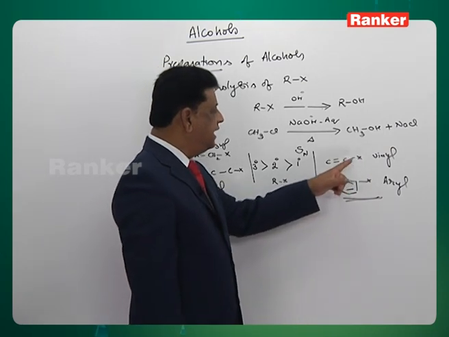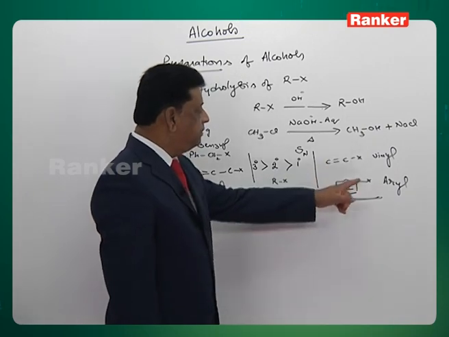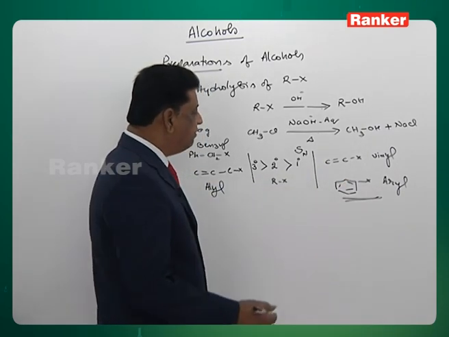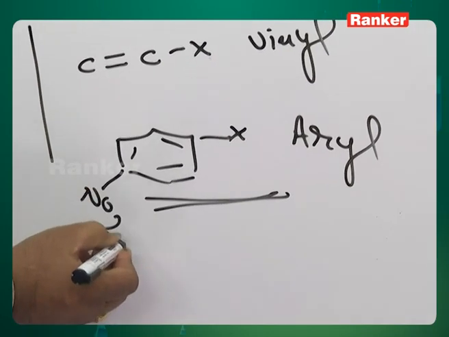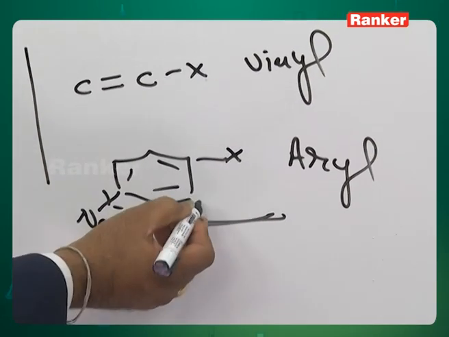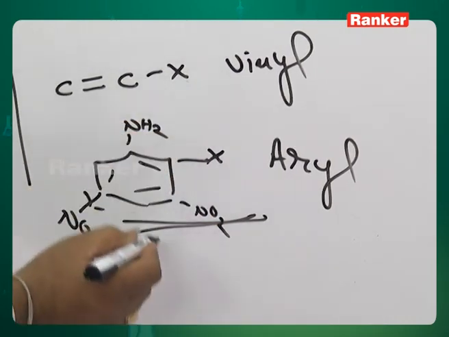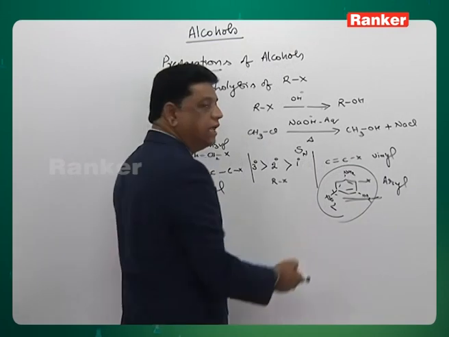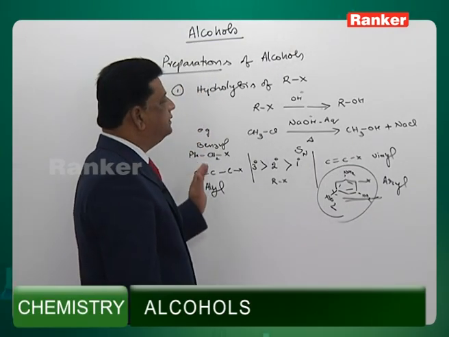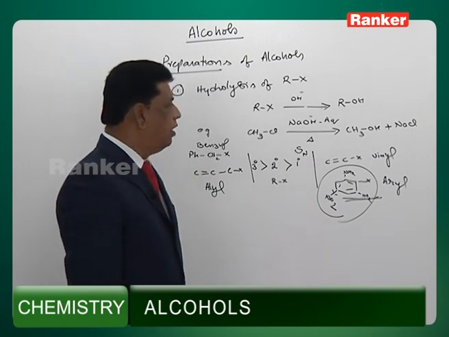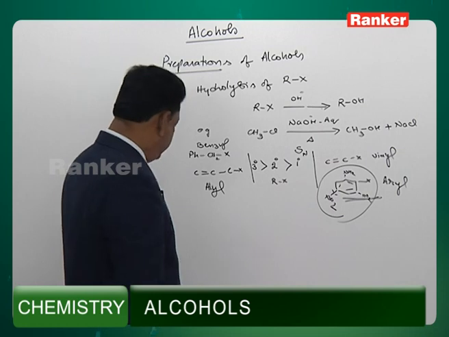The X and C happens to have double bond character in the resonance structure, so replacement of the X is tough. However, in the aromatic case, if there are withdrawing groups at ortho and para positions, then this type of aryl halide also will become slightly better at hydrolysis. But all the alkyl halides give the corresponding type of alcohol. This is the first and the simplest, easiest method also.